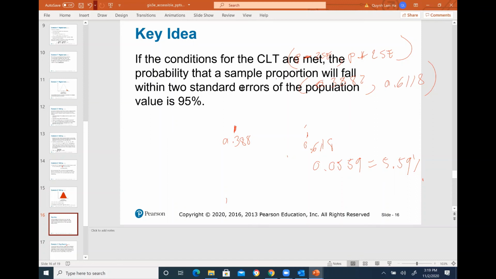So that is the general idea. All the time, they're giving us that question to prove that if the central limit theorem conditions are met, the data will fall within two standard error.